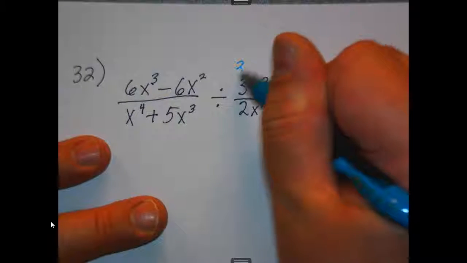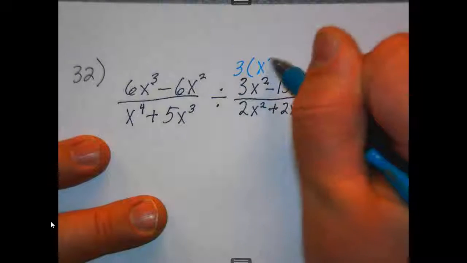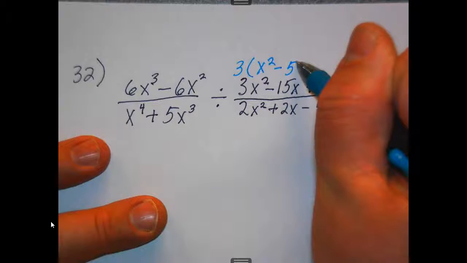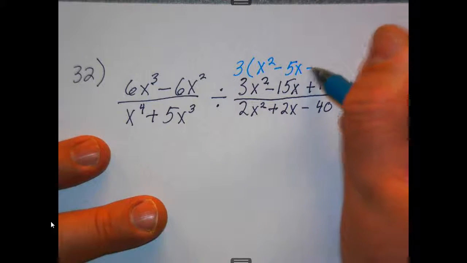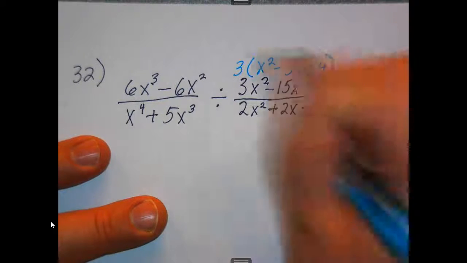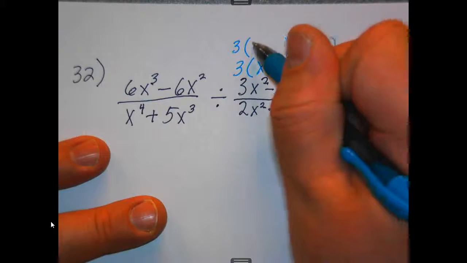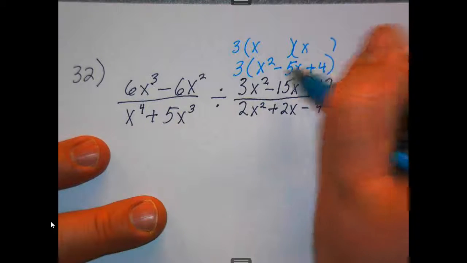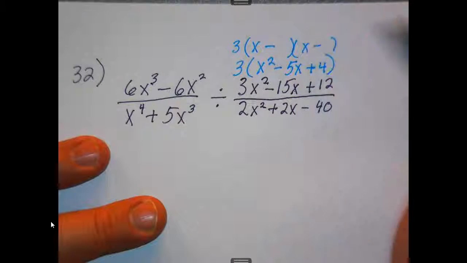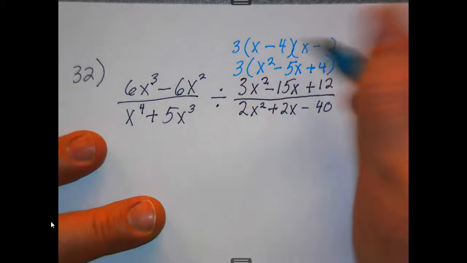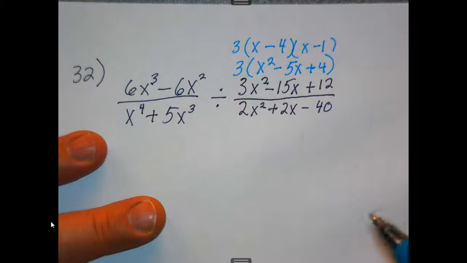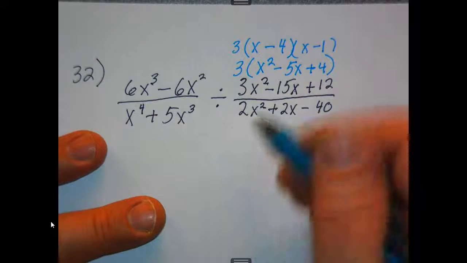Okay, I got to take out a 3. I get x squared minus 5x plus 4. So I have a 3, x plus minus, so they're minus minus, and 4 and 1. Okay, the bottom one.